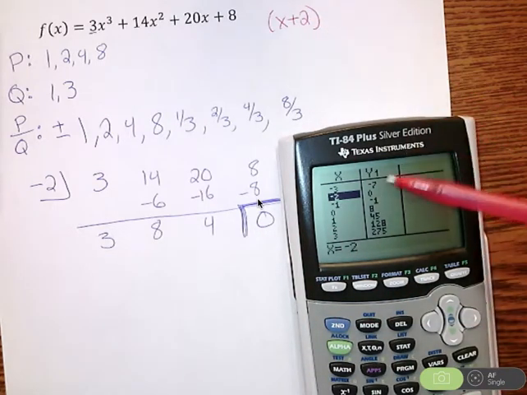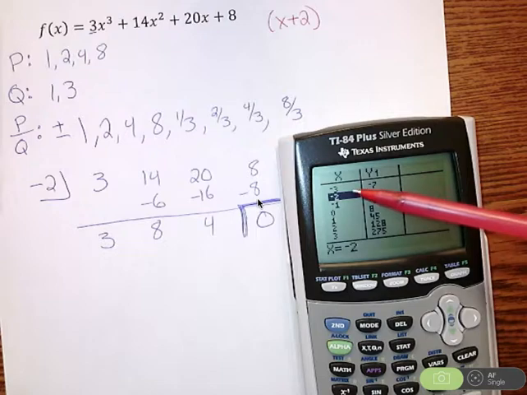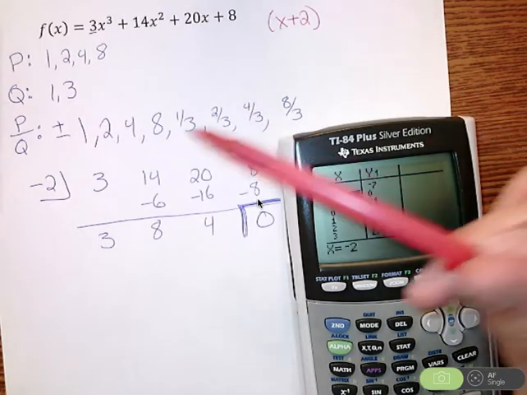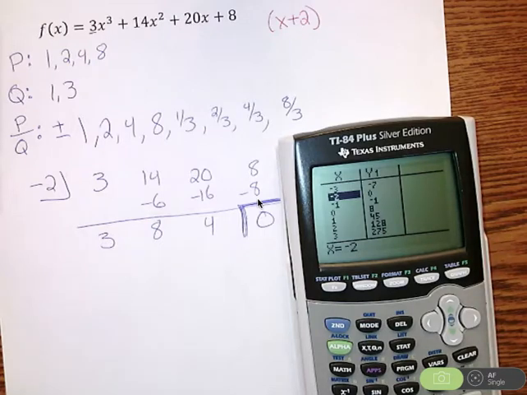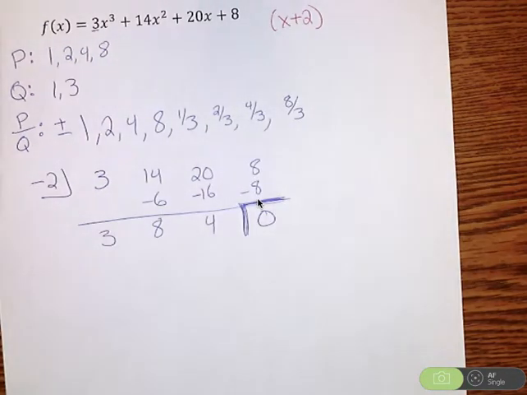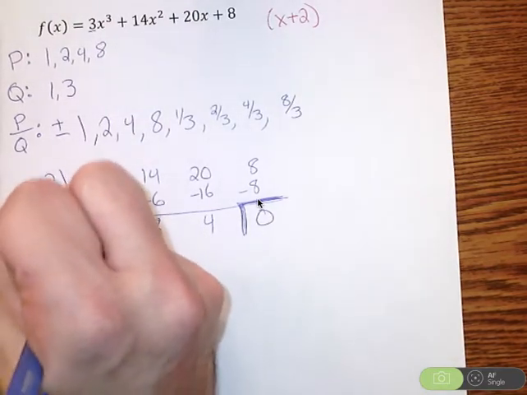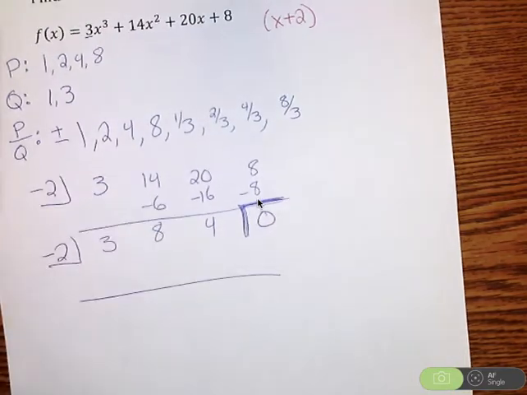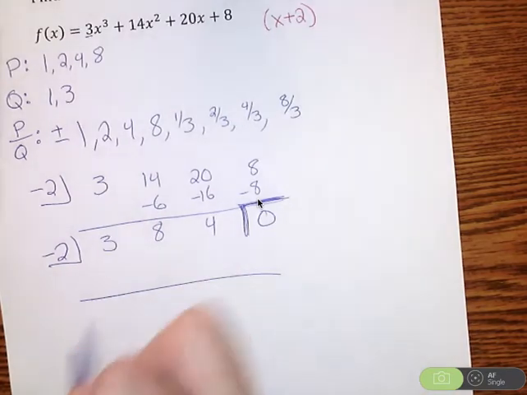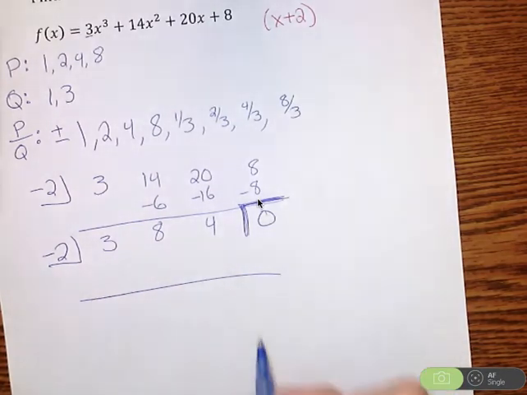They show up more than once. So I'm wondering if maybe -2 shows up more than once as my factor and my zeros. So I'm going to try -2 again on 3, 8, 4 and see if it gives me another 0. I'm going to do synthetic division again.